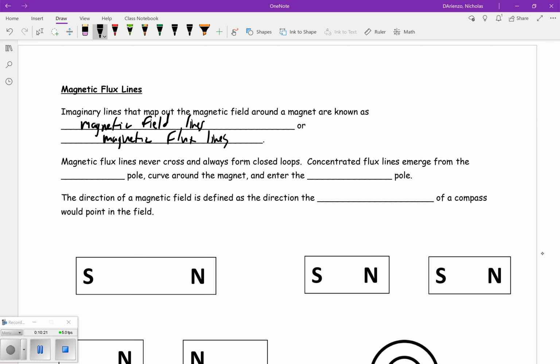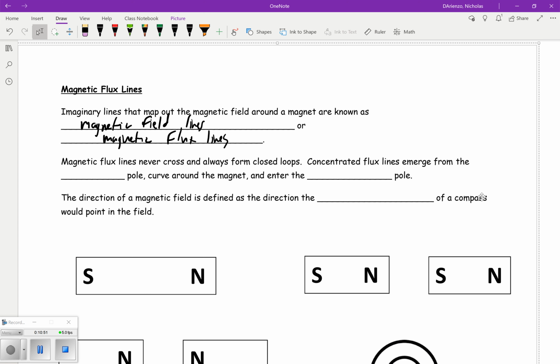And that's going to show or map out the field around a magnet or some moving charged object. So similar to some other things that you studied in science, magnetic flux lines never cross each other, and they always form closed loops, kind of similar to the contour lines I always think of with contour maps that you study in earth science. Now, the higher the concentration of those field lines, the stronger the field is.